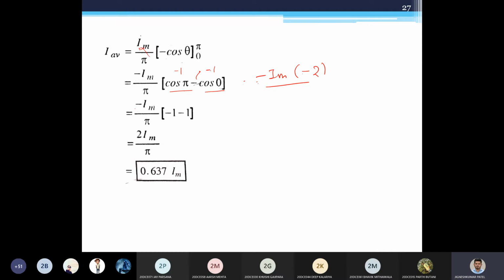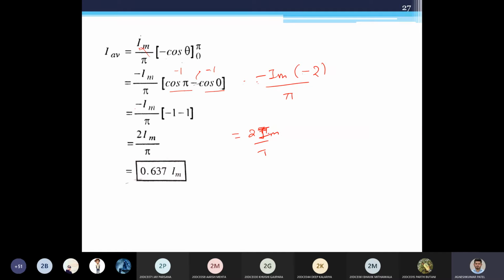divided by pi. So this is 2Im divided by pi. If you calculate this value 2 by pi, you will get 0.6369 something. So we can say it is 0.637 Im.